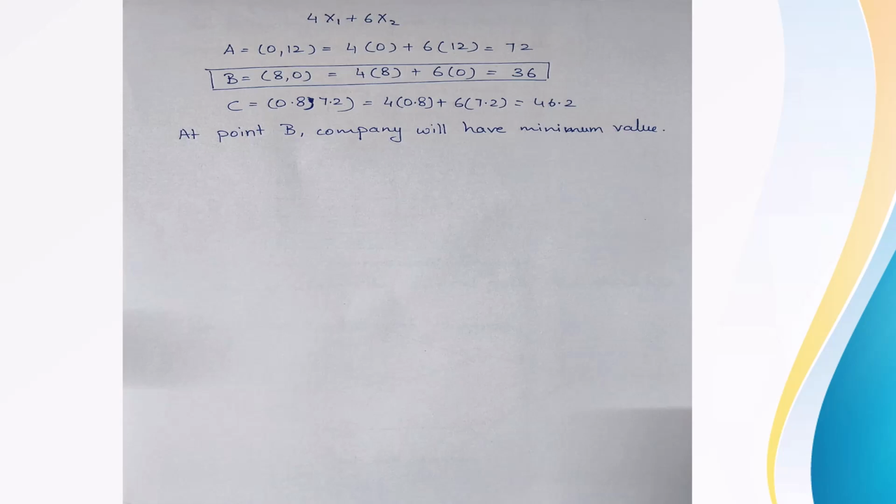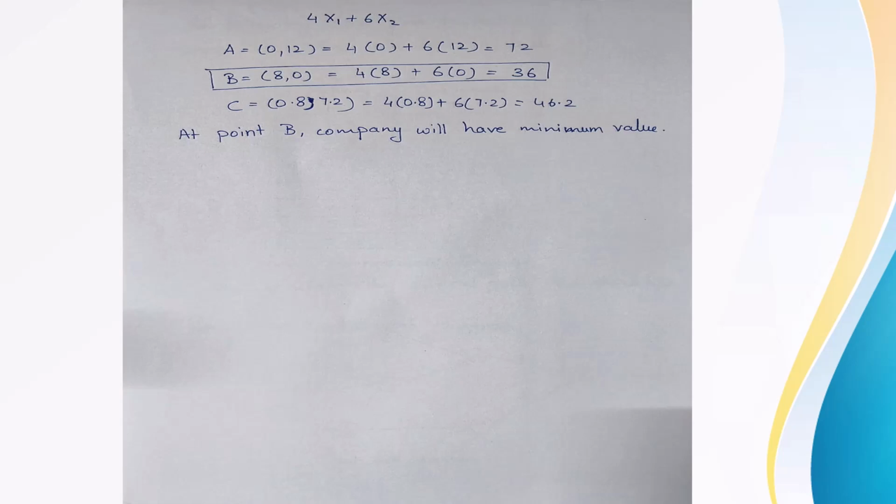For B (8, 0): 4 into 8 plus 6 into 0 gives 36. For C (0.8, 7.2): 4 into 0.8 plus 6 into 7.2 gives a value of 46.2.